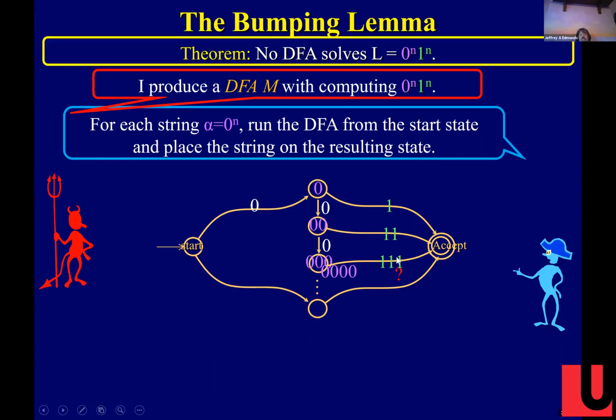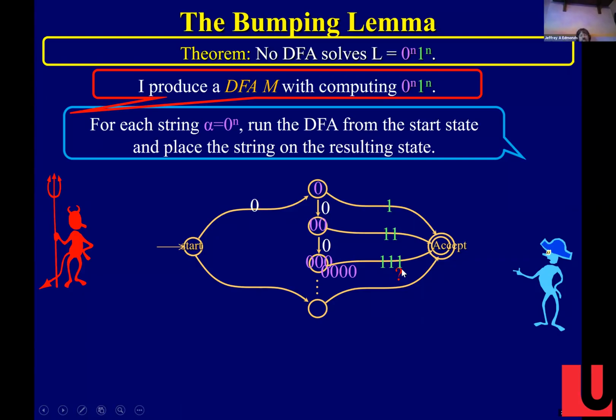Well, suppose our future is we get 3 ones. If I got 3 zeros and 3 ones, then I better accept. If I get 4 zeros and 3 ones, I better reject. But our machine is going to give the same answer, whether it's 3 zeros, 3 ones, or 4 zeros, 3 ones.